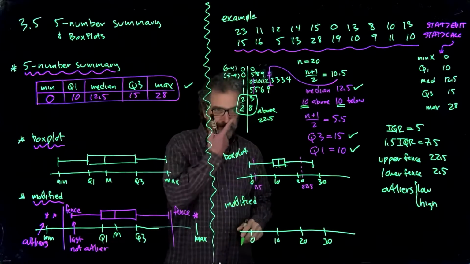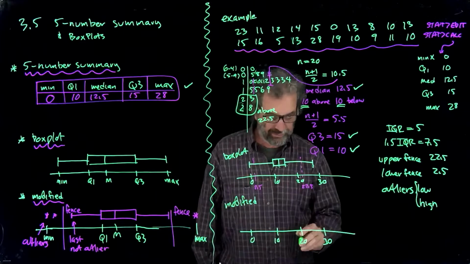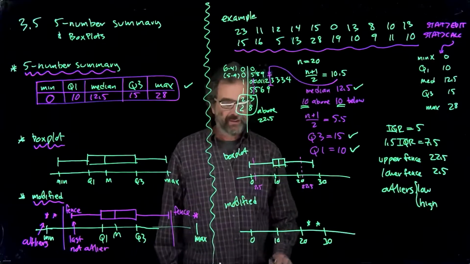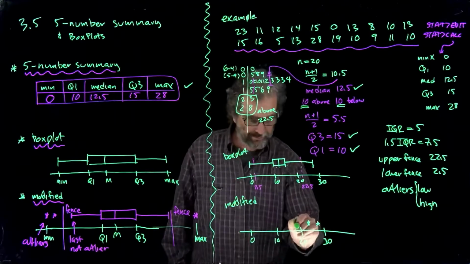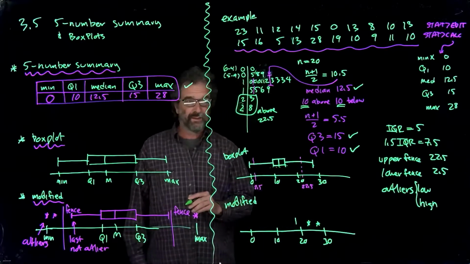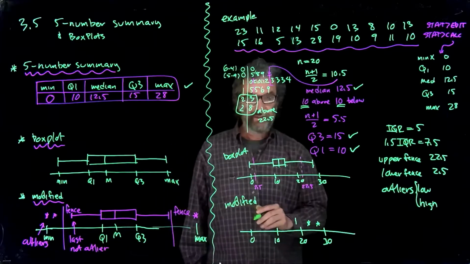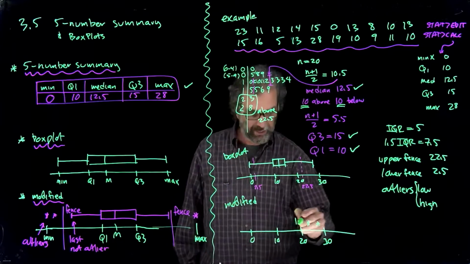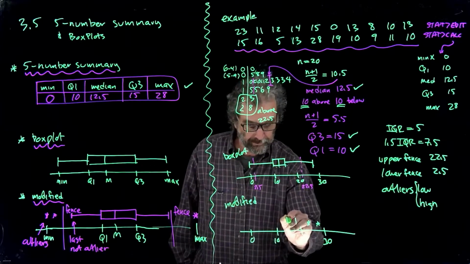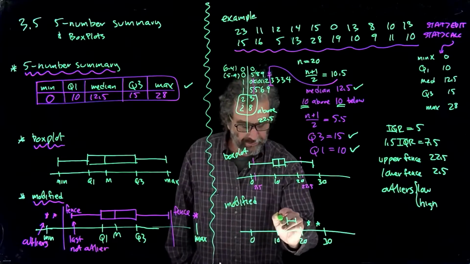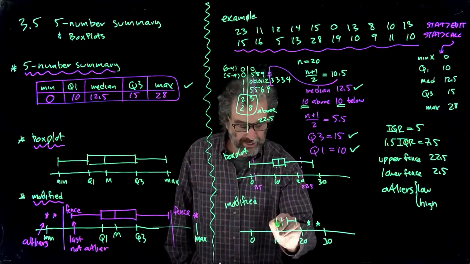So 23 and 28 are above 22.5. 23, 28. Put little stars like that. The next number below that is 19. So that's here. And then the upper quartile stays the same at 15. The median is 12.5. The lower quartile is 10. Okay, there we go.